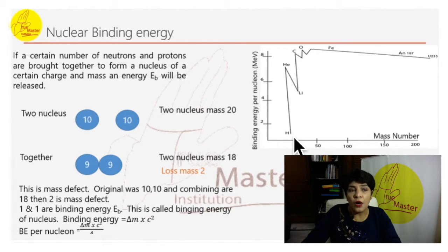Okay, on one axis we see mass number and on the other, binding energy per nucleon. So this is mass number on the x-axis, and on the y-axis is the binding energy per nucleon. So hydrogen is here and the most stable is Fe, iron, and then we have the uranium here, radioactive material. Okay, so this is the most unstable.